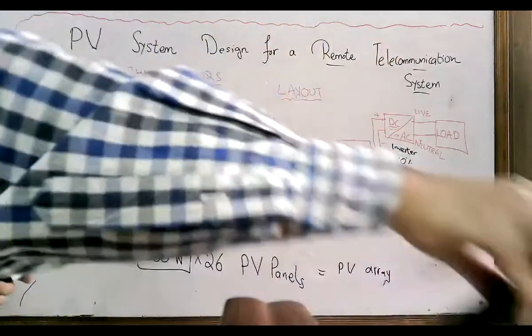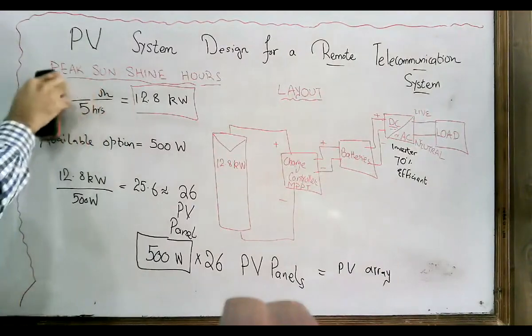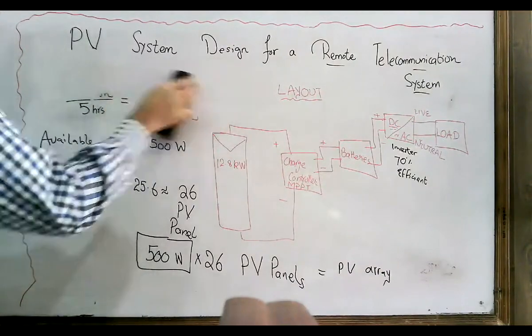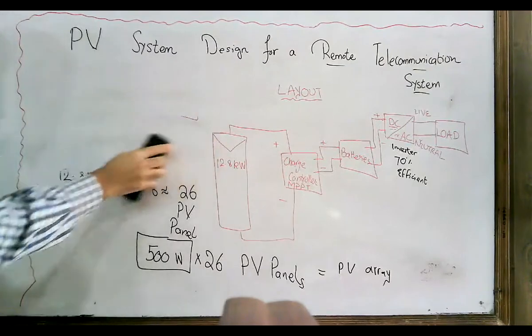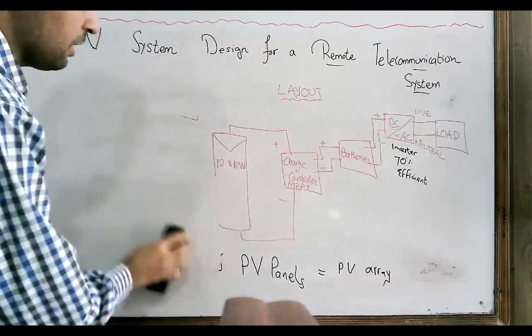Let's say what we do. Now look, we are going to discuss the layout of the PV panels. We require 500 watts multiplied by 26 PV panels.